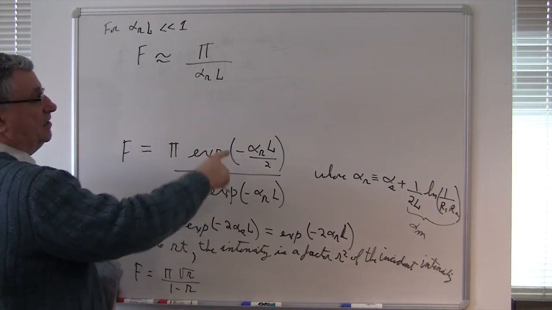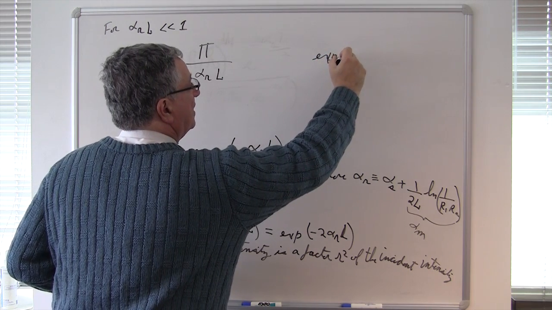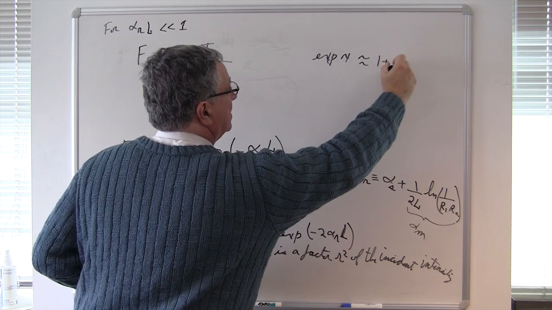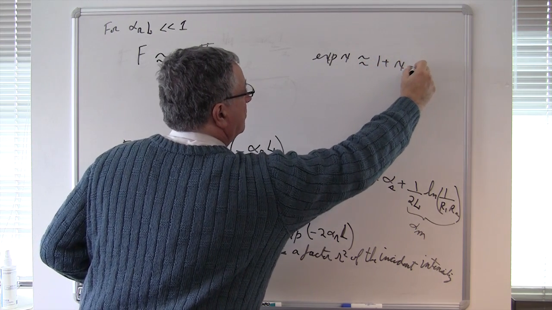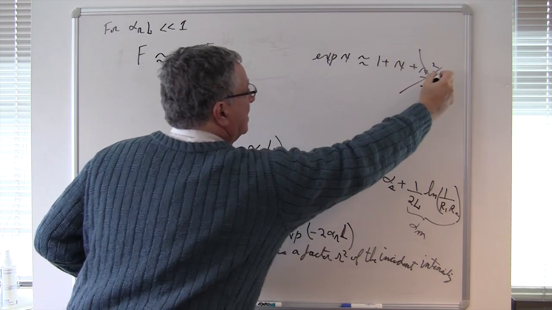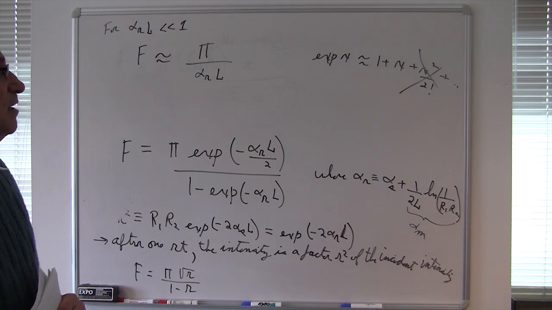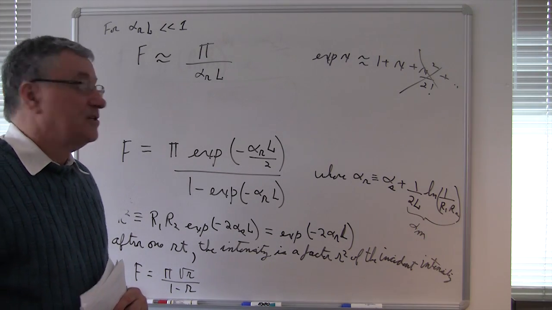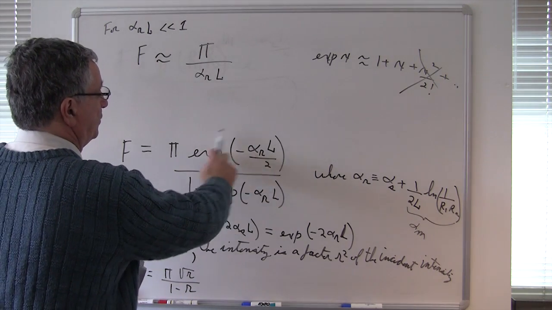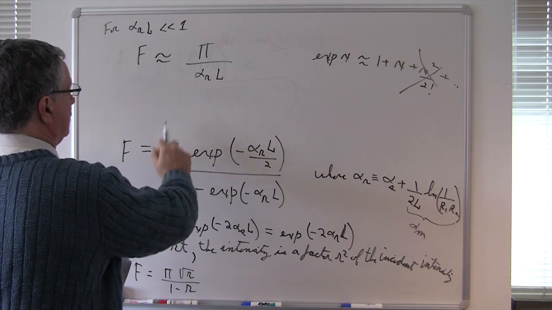What we have done is we've just done the Taylor expansion: the exponential of x, when x is small, is about equal to 1 plus x, and we neglect the other terms. So that's the approximation. In the numerator, we make the exponential about equal to 1, so we get pi.